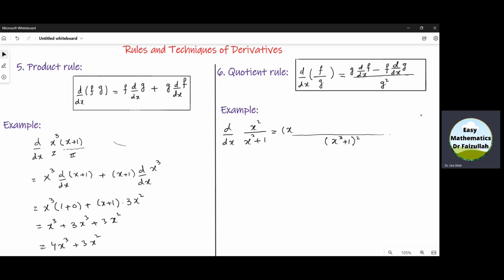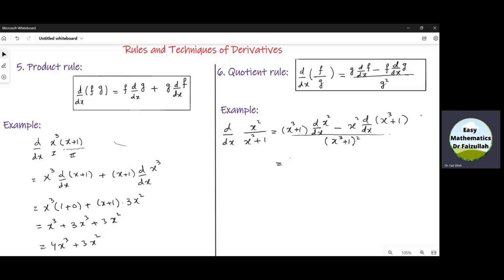And now write that function as it is and differentiate the function which is in the numerator, x square, minus write x square and now differentiate the function which is in the denominator. And now let us just simplify this to get the solution.